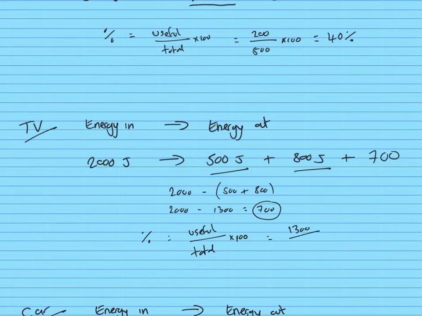My total energy is 2000, times 100. When I put this into the calculator, I've got 1300 divided by 2000. That's going to give me 0.65. I know just from experience now, when I times that by 100, it's going to give me 65%. So I've got 65% efficient there.